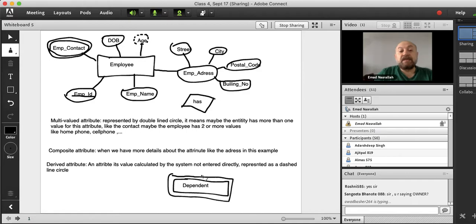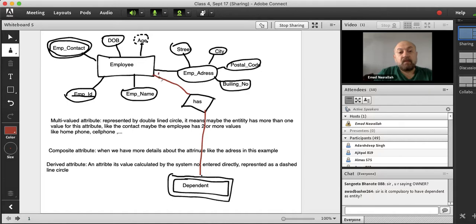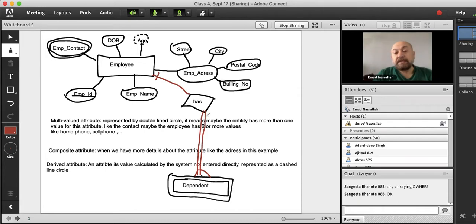The relation between the weak entity and owner entity must be one to many, always one to many, and always total participation from the weak entity.